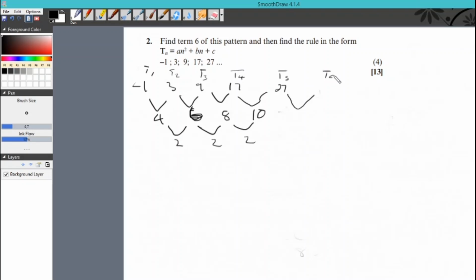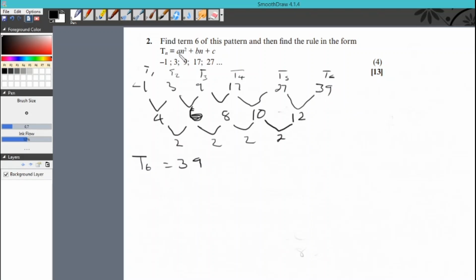To find term number 6 we must add 27 plus some number. To find that number, we add 2 to the 10, so we add 12. So 27 plus 12 gives us term number 6, which is 39. So term number 6 is 39, right?